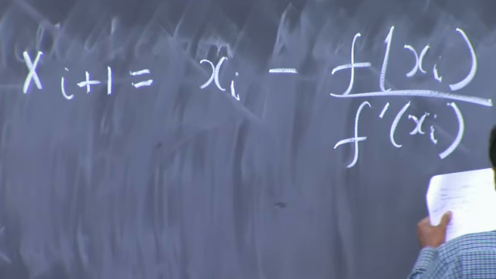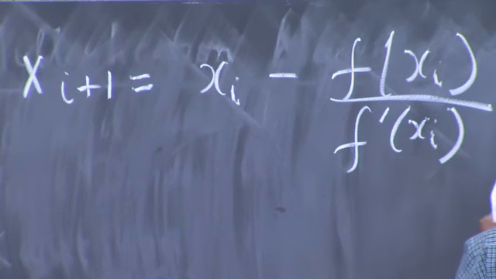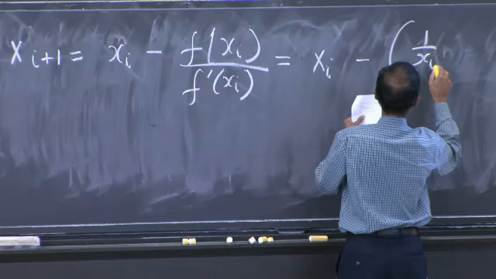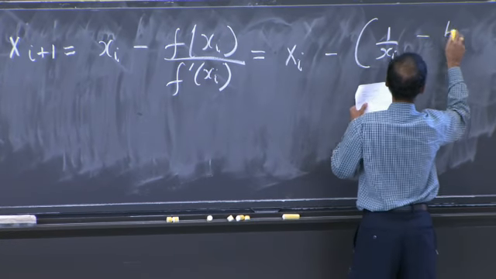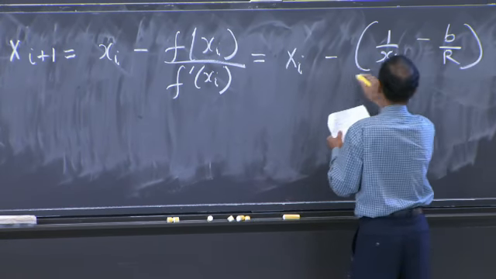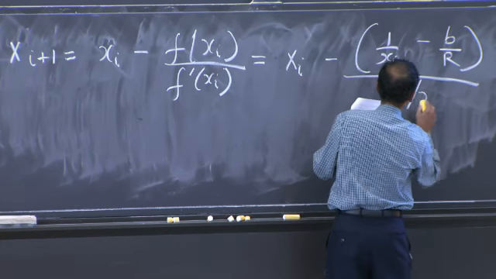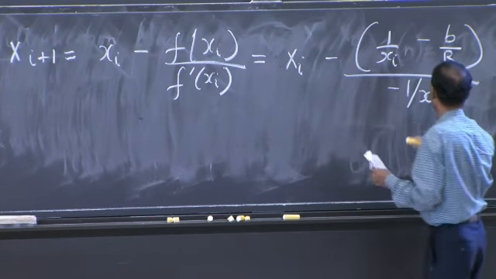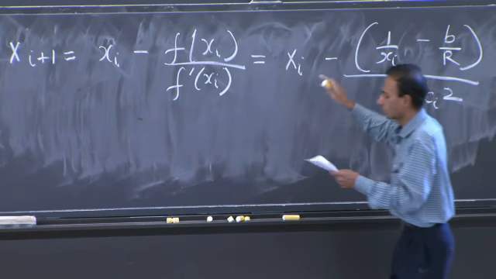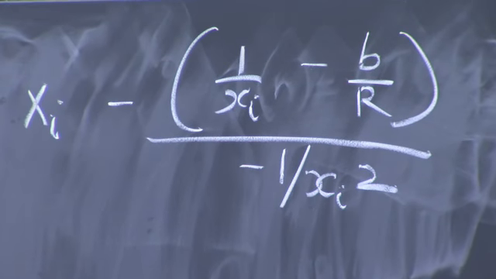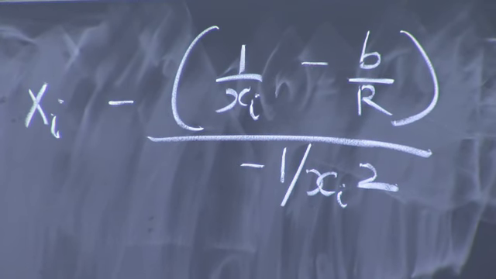And it is worth plugging in the various values here. 1 divided by xi minus b divided by r, that's f of x on top, divided by minus 1 divided by xi squared. Right? So that's the derivative over here. So all I'm doing is plugging things in, but you want to visualize this because this is really what we need to compute.